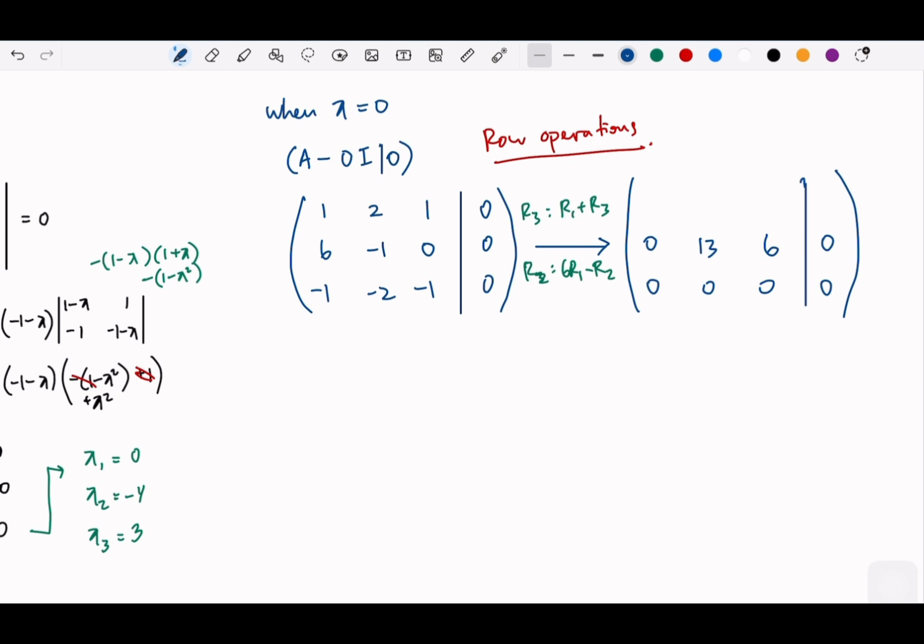And then the same row 1. Okay. I think we can divide by 13 for the second row. So 0, 1, 6 over 13.